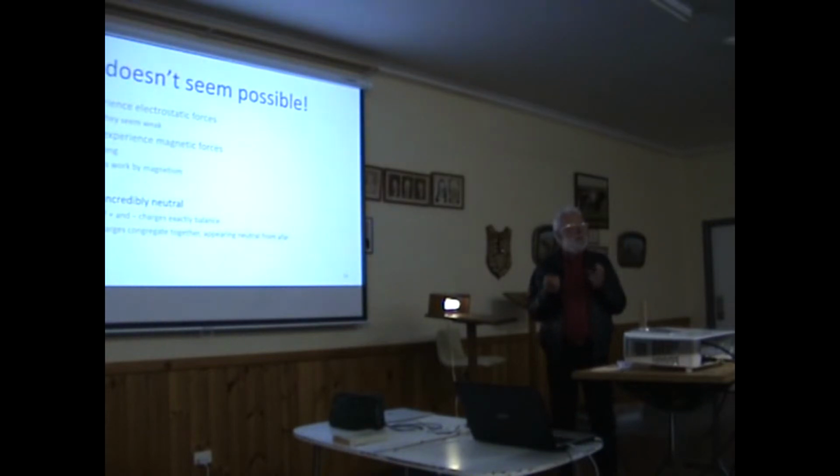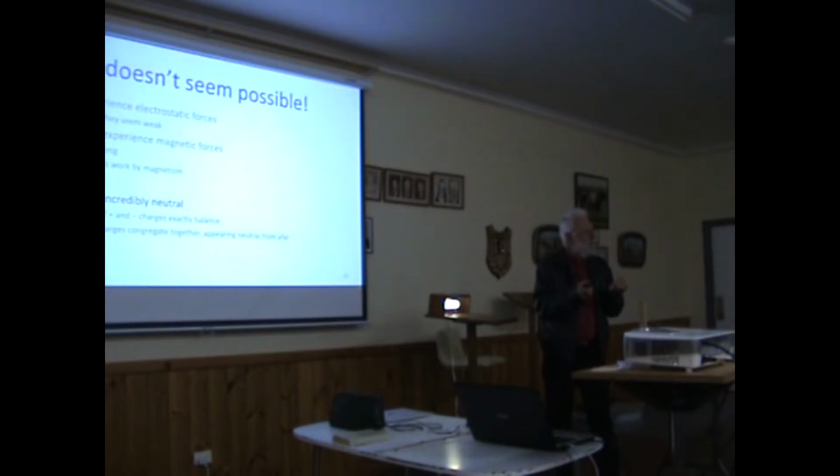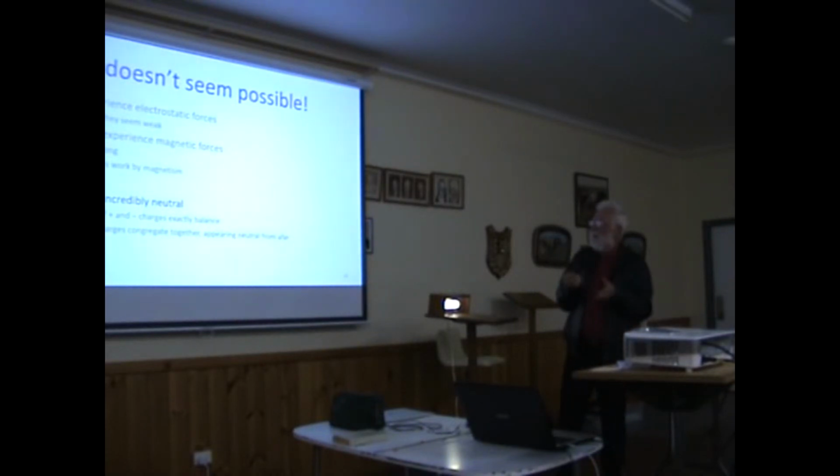And so therefore it's very hard to contrive in real life a situation where the charges are separated to give you a decent amount of electrostatic force. It's almost perfect. Electrostatic forces between you and me and between objects are almost zero. In fact, they are zero to as many digits as you want to measure, because we're all so neutral. And so the electrostatic force is zero.